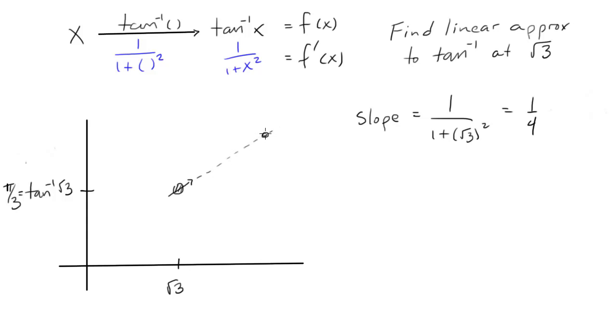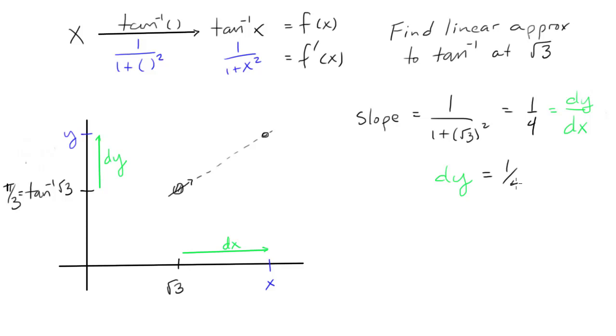Set up our tangent line, grab a point on it. It has an xy coordinate. The y coordinate is approximating the inverse tangent. Set up our differentials, going from the point we know to the point we don't. Rise over run is slope, and solve for dy.